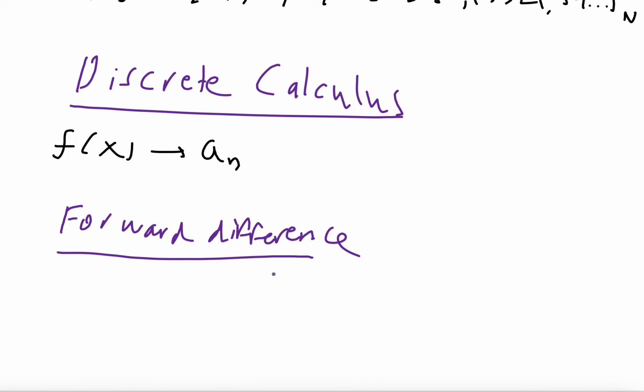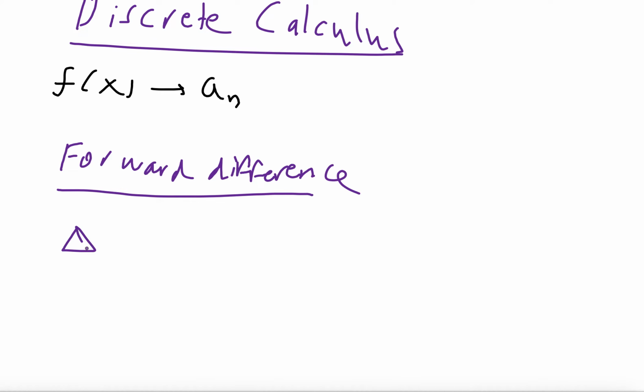The forward difference of a sequence a sub n, denoted as delta a at the value of n, at the nth value of a, is defined, so we have a little triangle on top of the equal sign to show definition, as the next term in the sequence minus the current term.